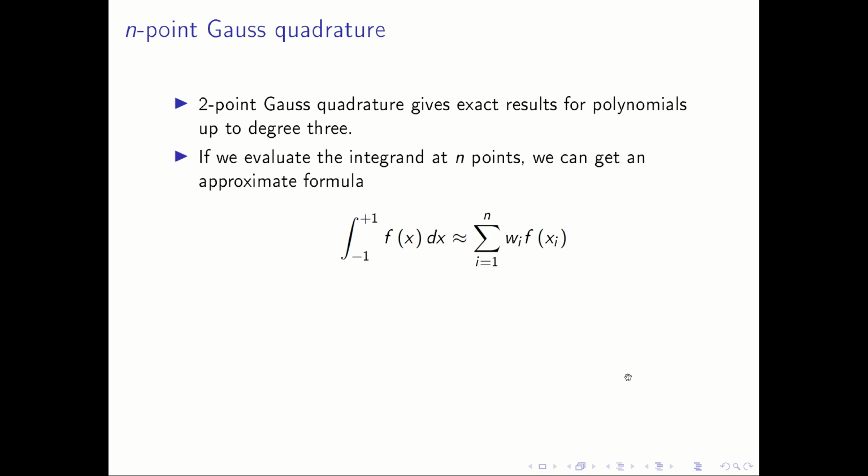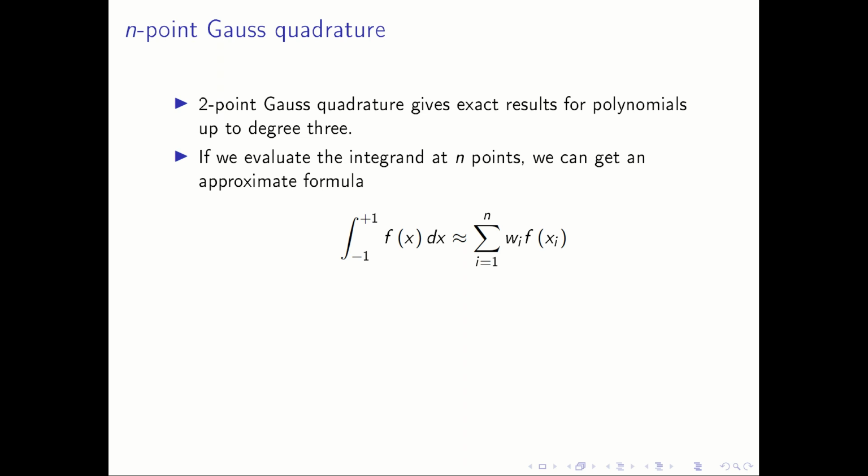Well, if we can, we usually don't use just 2 points, we use more points. So if we evaluate the integrand at n points, we can get an approximate formula, which is a weighted sum of the value of the function at those n points, x1, x2 up to xn, multiplied by w1, w2, up to wn.